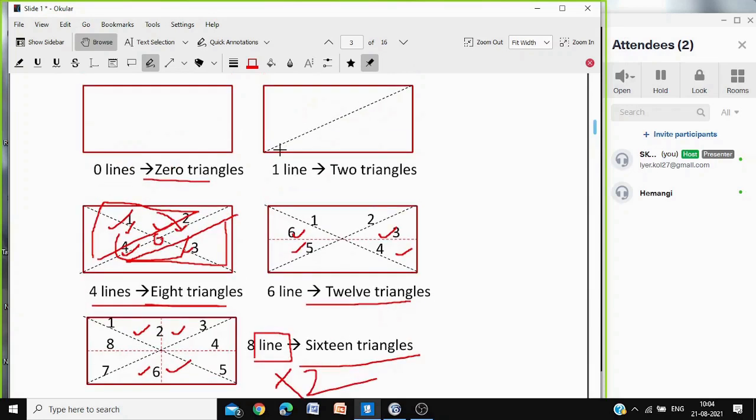If there is 1 line, 1 into 2 is 2 triangles. If there are 4 lines intersecting, then 8 triangles. If there are 6 lines, this 5th line and this 6th line, then 12 triangles. The 7th line and 8th line, you are getting 16 triangles. So number of triangles can be written as number of lines into 2.